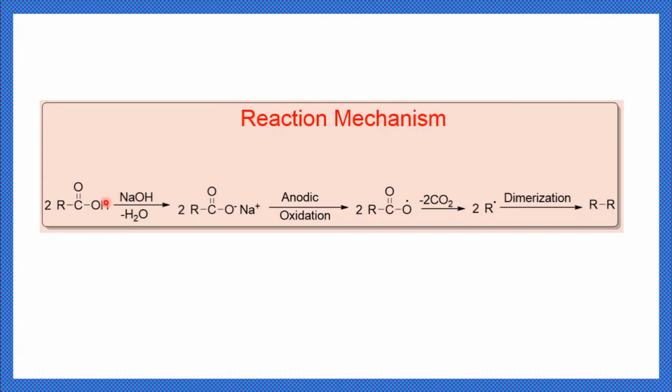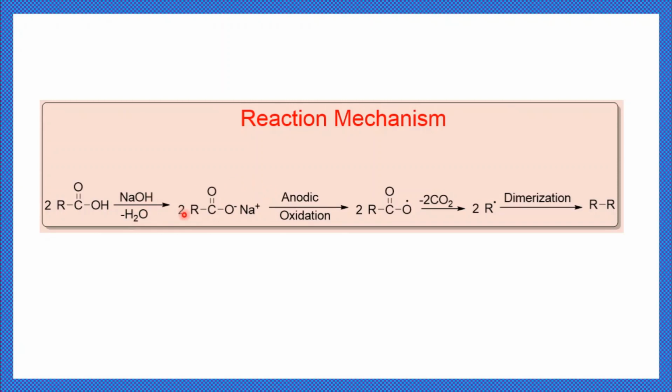Oxygen is more electronegative than hydrogen, so oxygen withdraws electron density towards itself and makes the hydrogen acidic. There is a slightly delta positive charge on hydrogen and a slightly delta negative charge on oxygen. So the base abstracts this acidic proton and converts it to H2O.